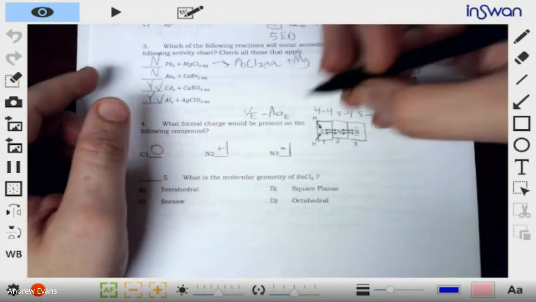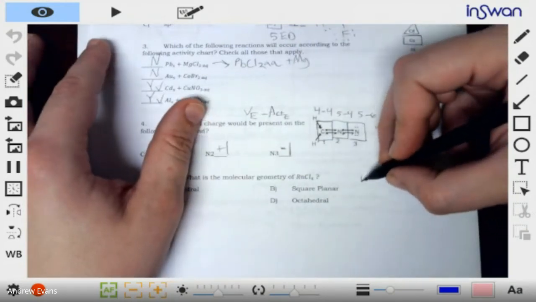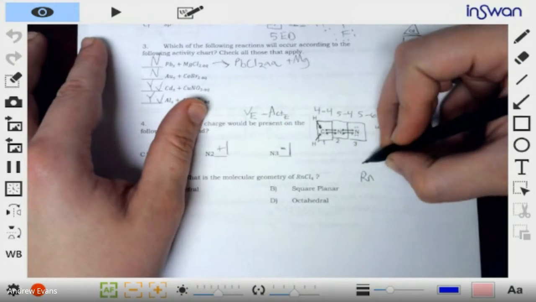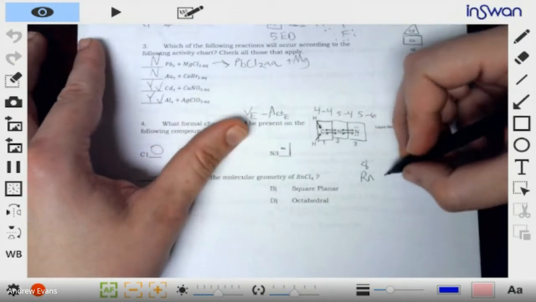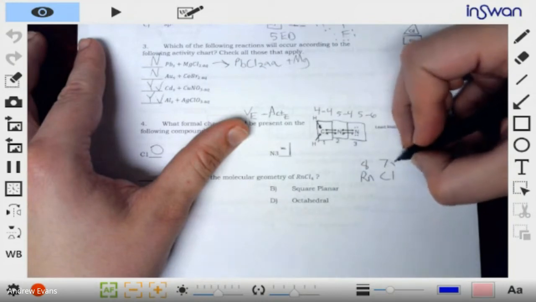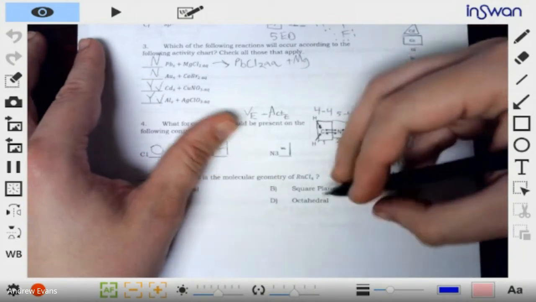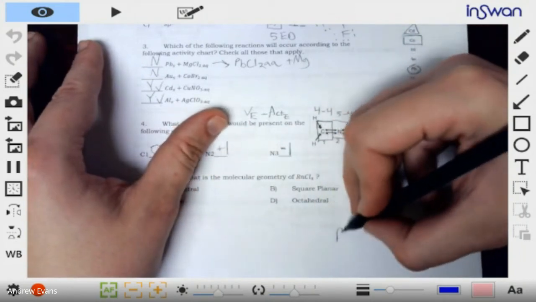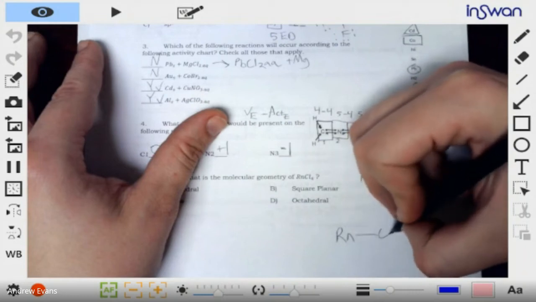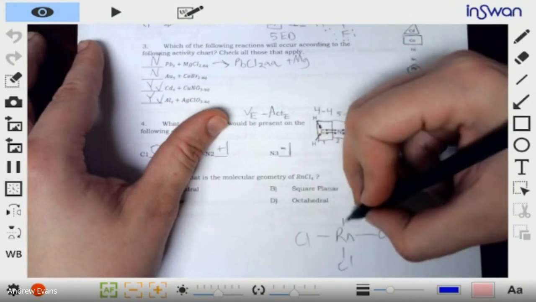What is the molecular geometry of radon tetrachloride? Well, radon is a noble gas, so it's 8 electrons. And chlorine is group 7. So 7 times 4 is 28. 28 plus 8 is 36. Radon will be our central atom. So slap our 4 chlorines around it.